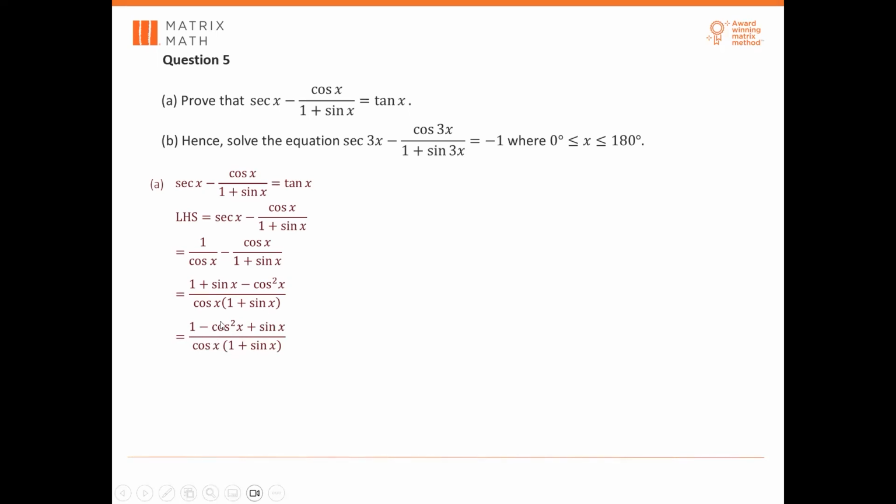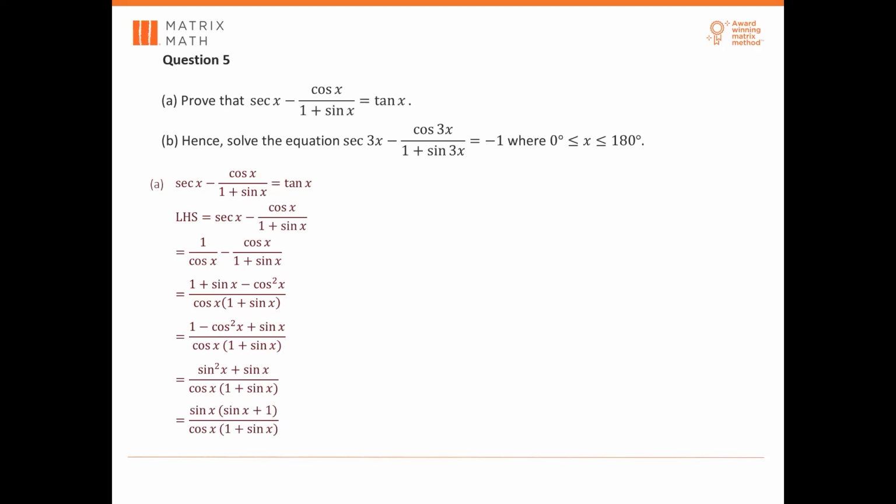So 1 minus cosine square x can be written as sine square x, because sine square x plus cosine square x gives you 1, right? So therefore 1 minus cosine square x is actually sine square x. Okay. Now from here, I think you all can see it already. You just have to factorize the sine x out from the numerator.